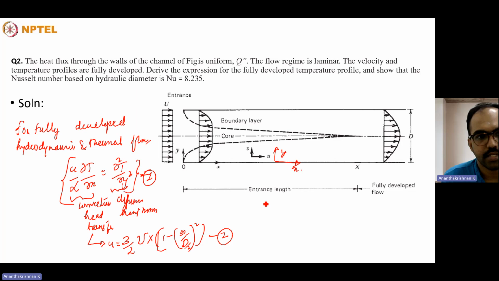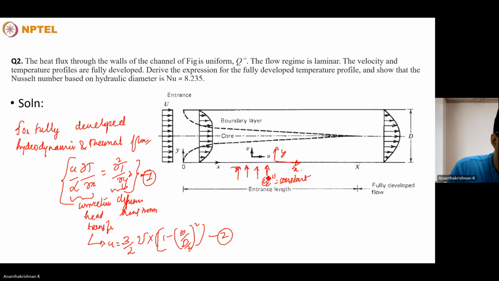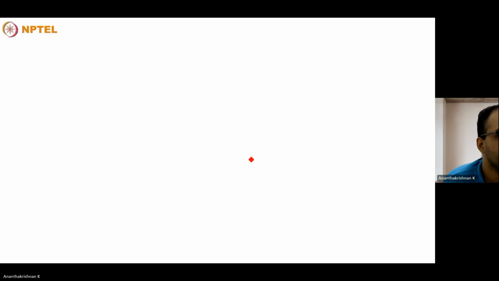Now, what you could say is that this is a constant heat flux case, a uniform wall heat flux case. In that case, q bar is a constant. So what you could write is that for the constant heat flux, dou T by dou x, the variation in the temperature, will be the same as that of the mean value, the variation in the mean temperature dou T m by dou x.